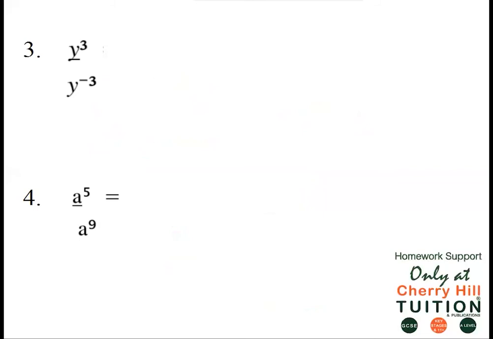Question 3, we have y to the power of 3 divided by y to the power of minus 3. Okay, so when we're working through this, because we're dividing, the first thing we need to check is, are the base numbers the same? And they are. In this case, we have base letters.